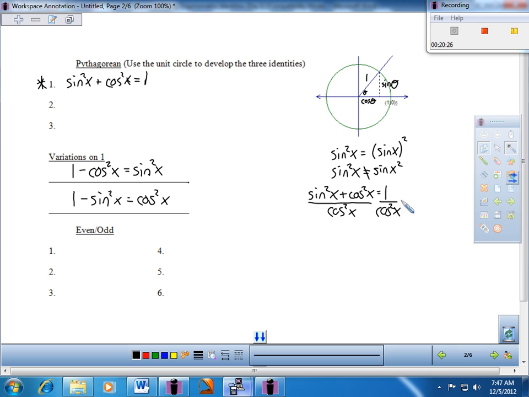Now, as I look at this, everyone, this cosine squared of x is a common denominator. It's a fraction, everybody, and it is a common denominator to this and to this. And so what we're going to do is kind of split this apart and apply this cosine squared to both of these, to that one and that one.